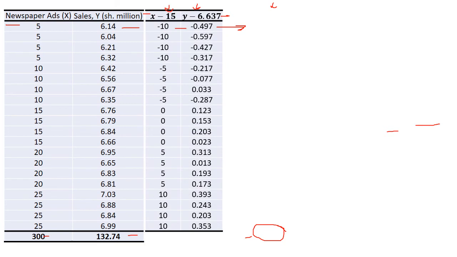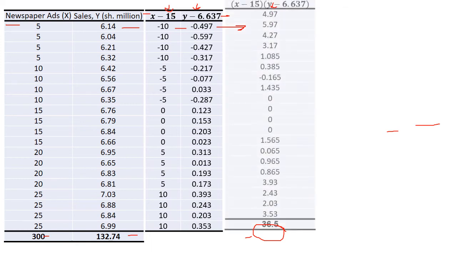First of all, we get the sales, y, and the difference between the sales and the mean sales. This mean is obtained by dividing the total here by the total number of values, which is 20. And this one here is the deviation of the adverts from their mean, and their mean is 15, obtained by dividing 300 by 20.